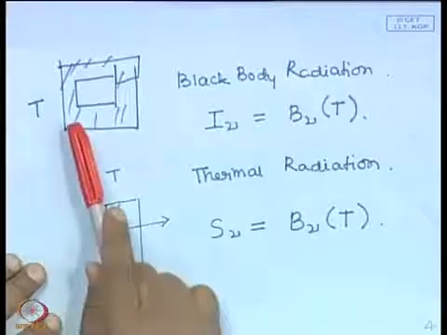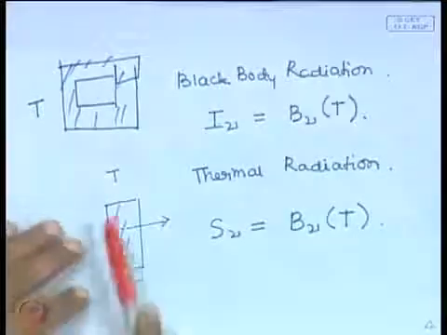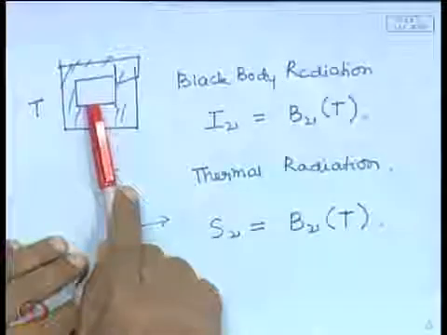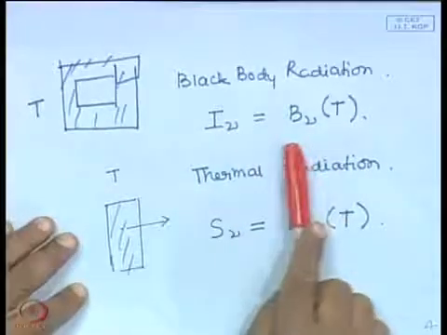And we had seen in the last class that the spectrum of this radiation, the specific intensity, is just a function of temperature, and this function is called the Planck function.